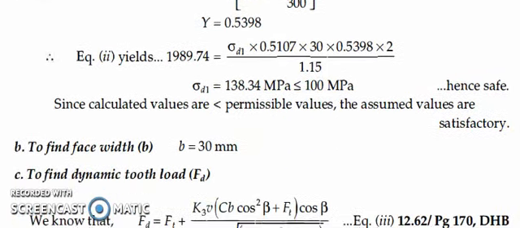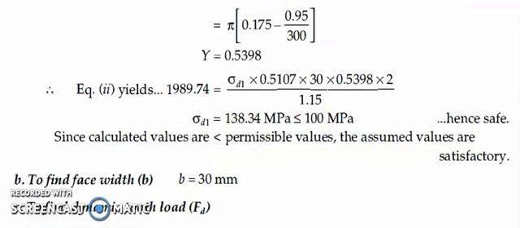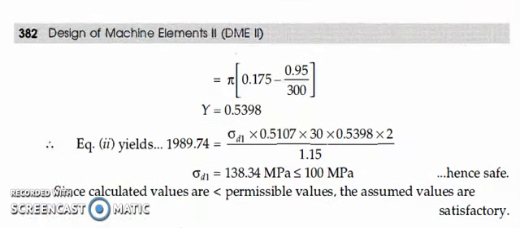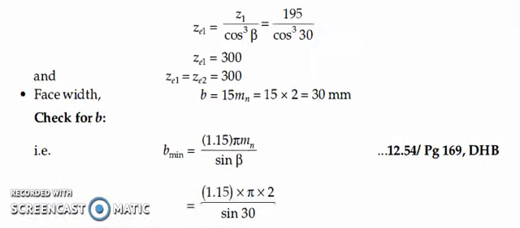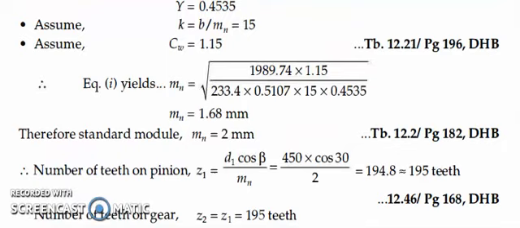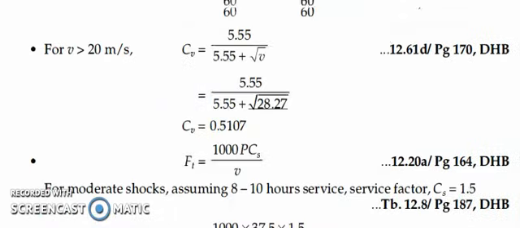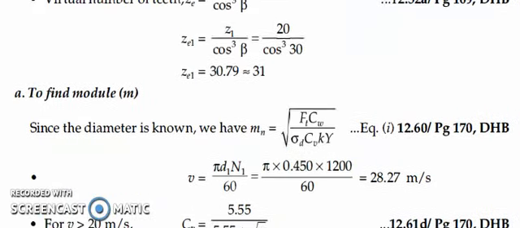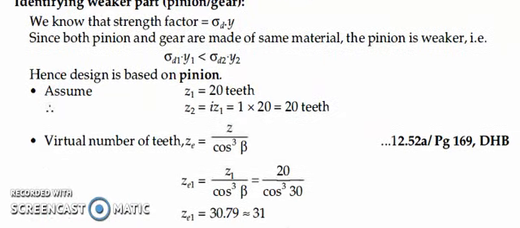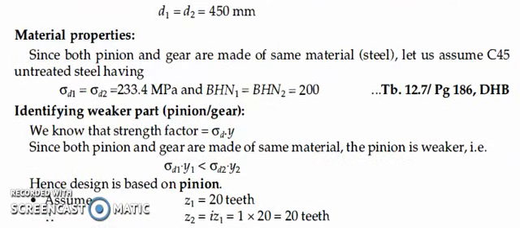Then next we can go for the face width. B is equal to 30 mm. Sorry, please wait. Sigma D is equal to 233.4 megapascal.